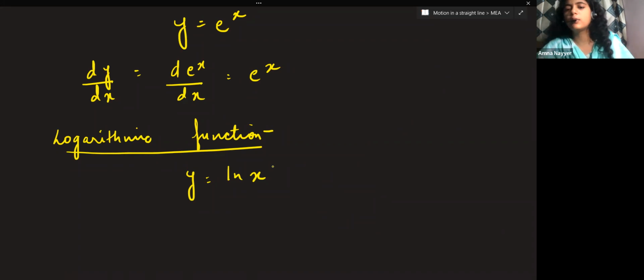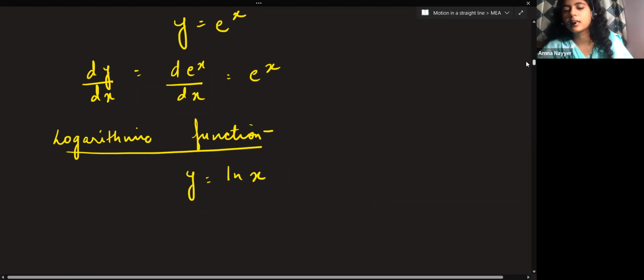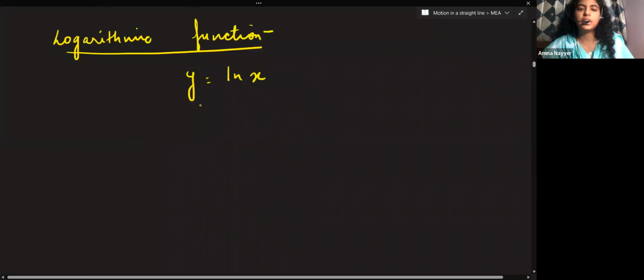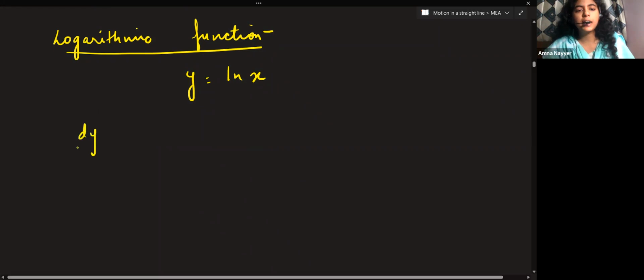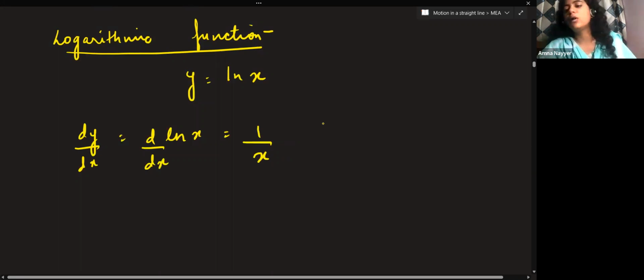So if you have y is equal to ln x, means log x, then when you differentiate it, you get 1 by x. Just take whatever is x or the whole variable given to you in the denominator. So dy over dx, this will be d over dx of ln x, that gives you 1 by x. This is also used a lot in your upcoming chapters, especially work energy and your heat thermal physics.